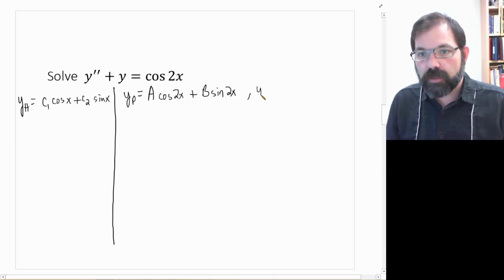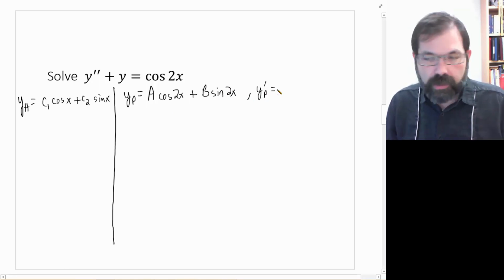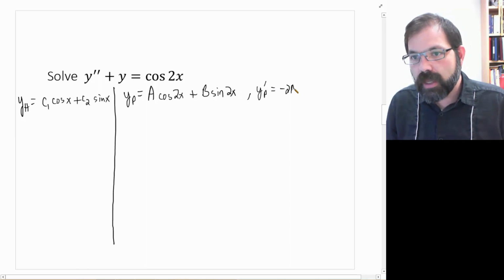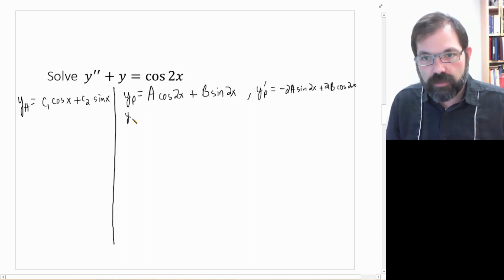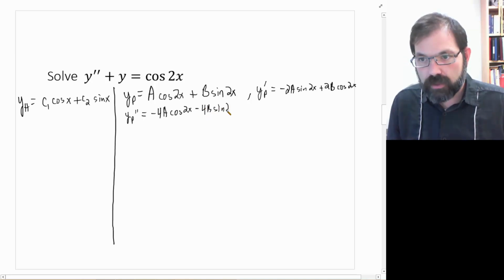Then y sub p prime, calculating a derivative, is negative 2a sine 2x plus 2b cosine 2x. And the second derivative is negative 4a cosine 2x minus 4b sine 2x.